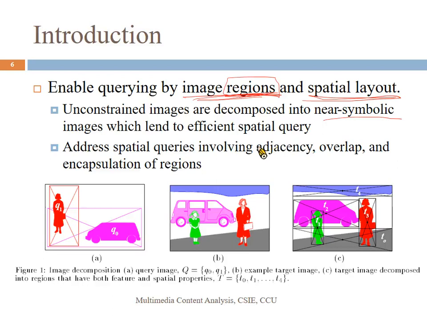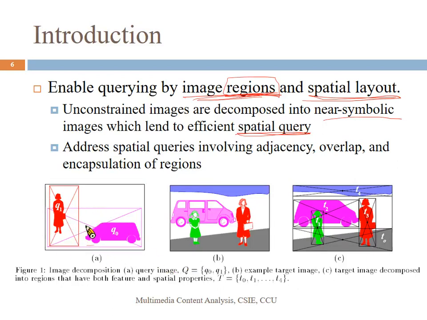So not only the visual content, color or texture, they also try to consider spatial relationships, and they address spatial queries involving adjacency, overlap, or encapsulation of regions. So here is an example. A query image may be like this.